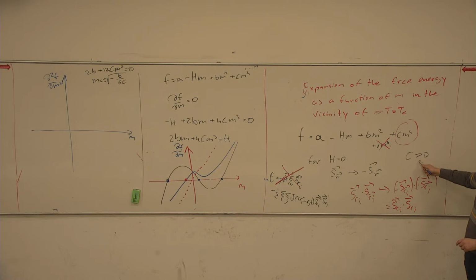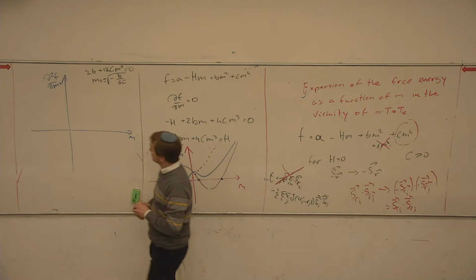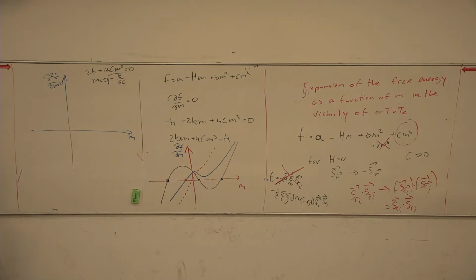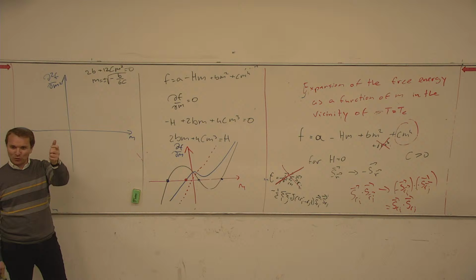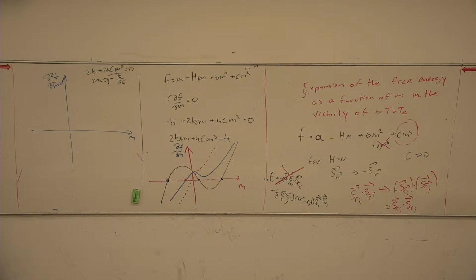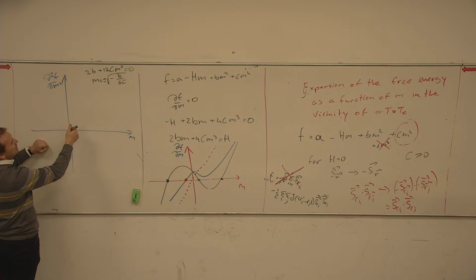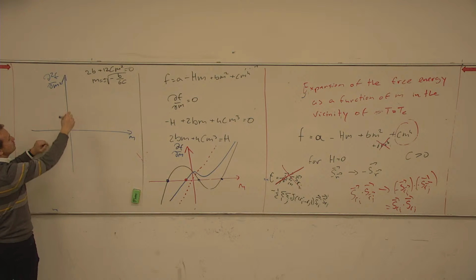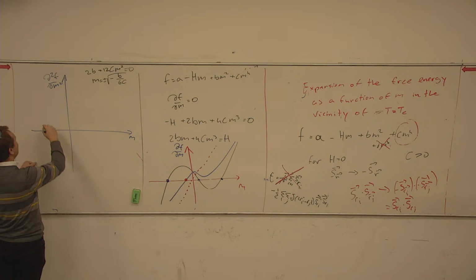C is positive. B can be negative. It must be negative, or if it's positive, we won't get a phase transition, or you can have something like this. So the sign of b is going to determine what's happening. Look at this: it's m squared, and if I plot it, it's a parabola.